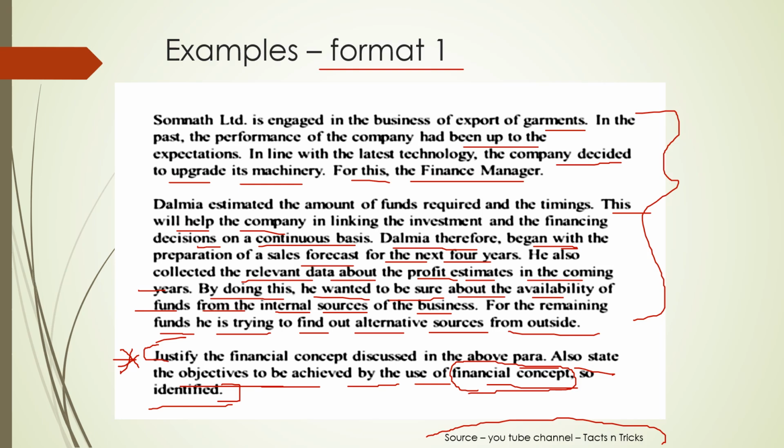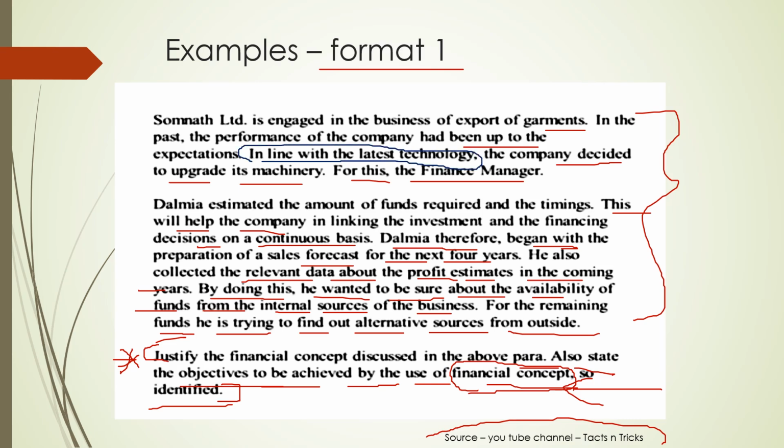So this is very important that you should know the various financial concepts that are there in financial management. So first write down the summary, like there is a company named Somnath Limited and it deals with exports of garments. Now to be in line with the technology, it wants to upgrade the machineries. Okay, they have discussed here the latest technology.